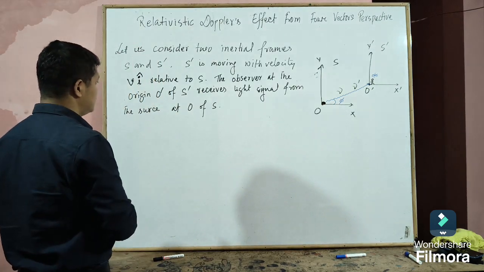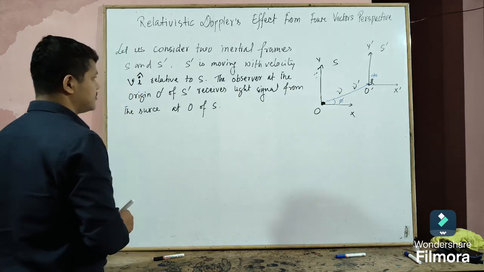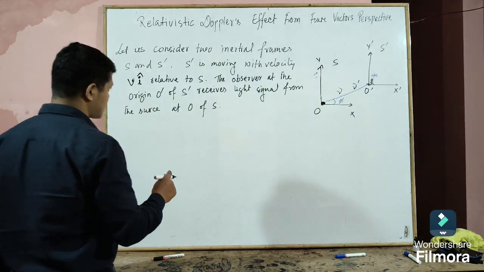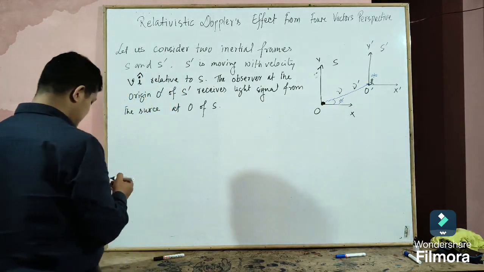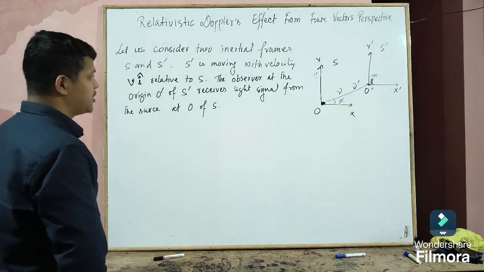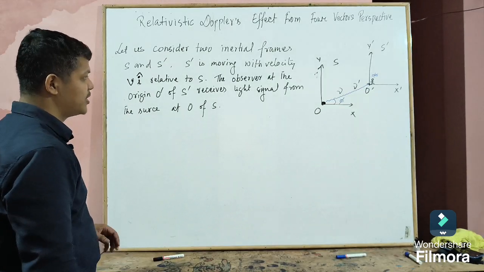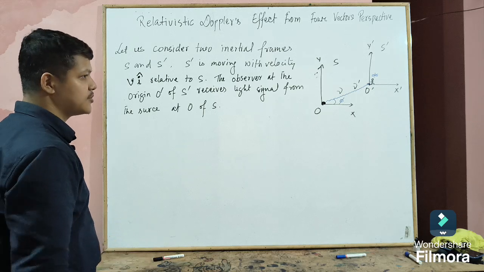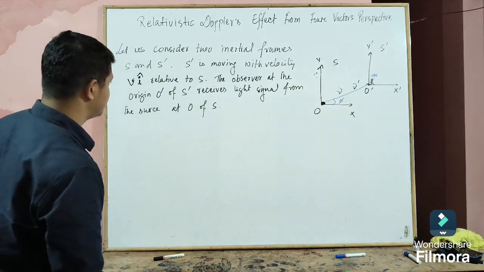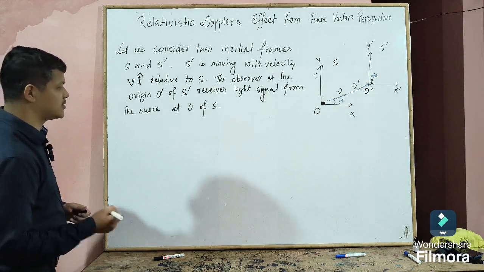Now you see, in this case what we can do. So now we are going to write the momentum 4 vector. Let me write that here.